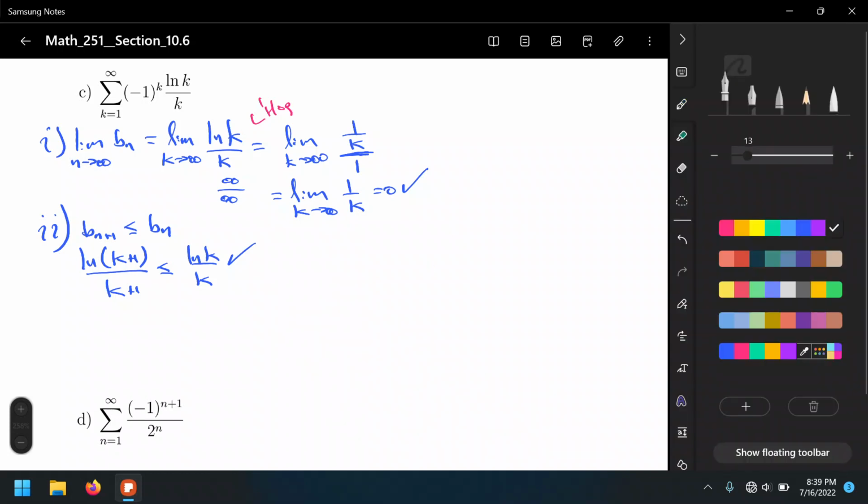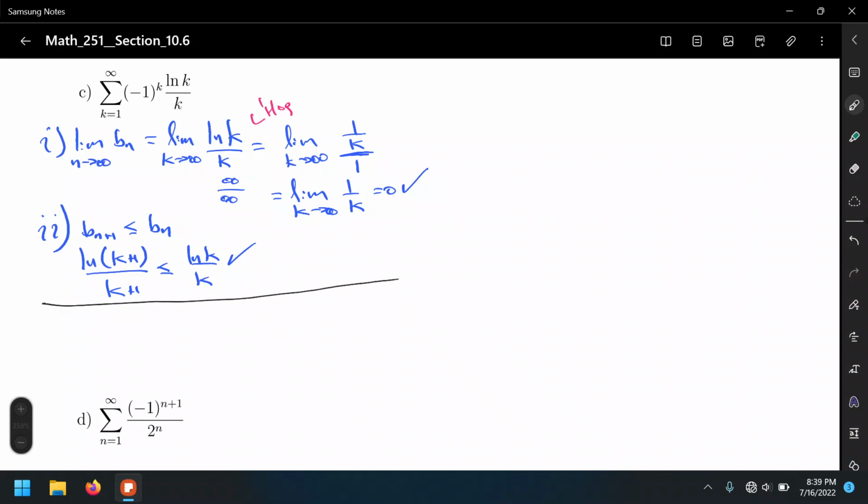So now what we need to do is the second step, which is to find the absolute value of the series, that is sigma k equals 1 to infinity of the absolute value of negative 1 to the k ln of k over k.